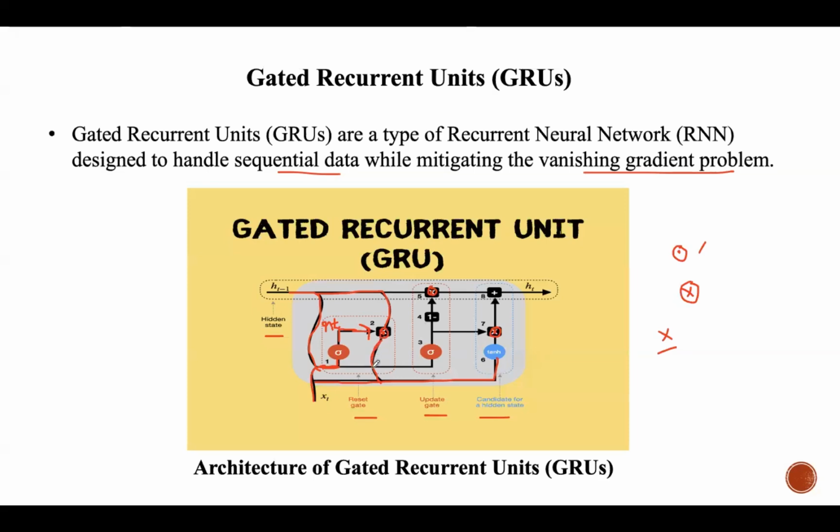This is the result. So these two are concatenated here, and that concatenated result will be passed to the tanh activation function. From this, we got the result as ht hat. Till now, this is the process.